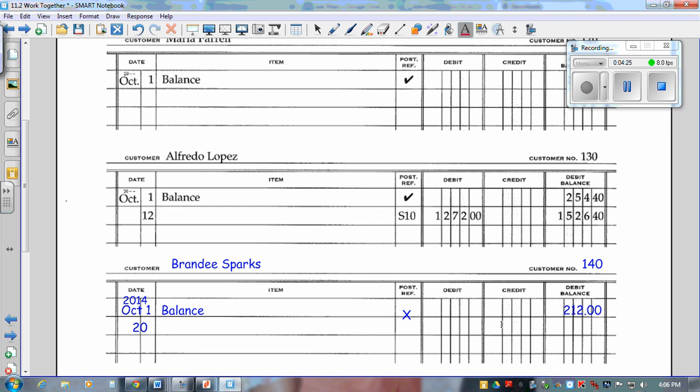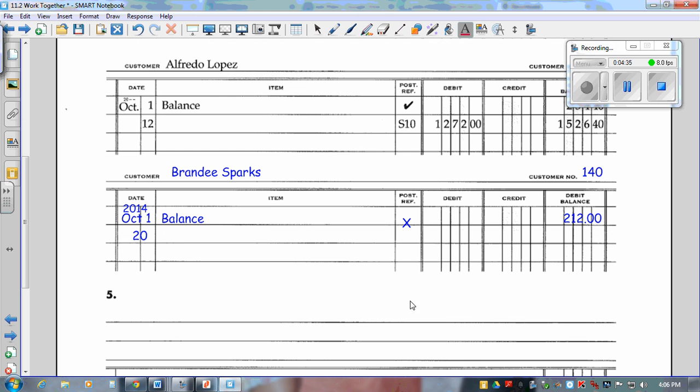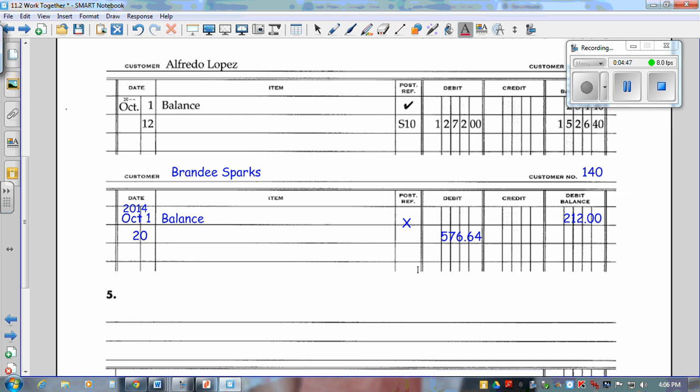I'm going to come over here. It said in the sales journal, if you look at it, it's accounts receivable debit. Right here, the accounts receivable debit, $576.64. So debit on the second line, $576.64. And then I need to find her new balance. Okay, this is a debit and this is a debit.